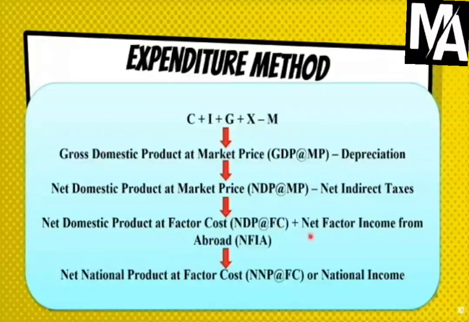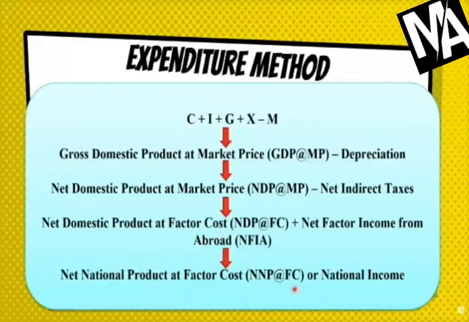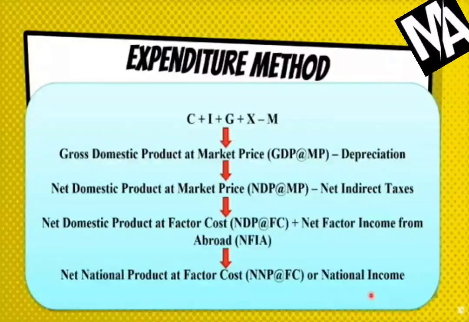From this, when you add net factor income from abroad, that is the revenues from the foreign sector minus the revenues to the foreign sector, you will get net national product at factor cost, or NNP at FC, which is also called national income. This is basically copying from the previous method, the value added method.